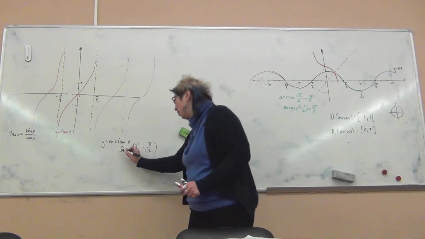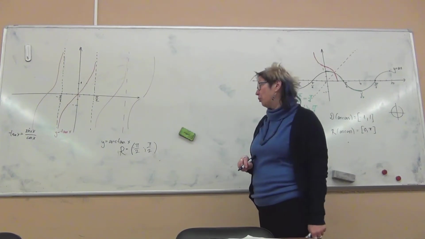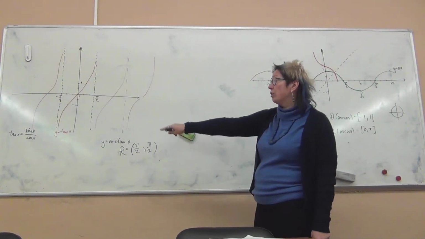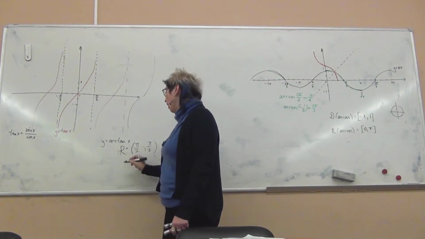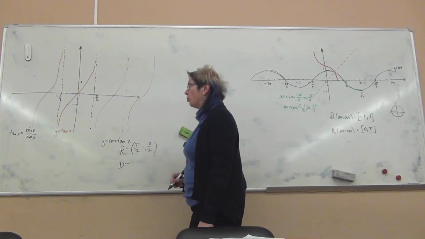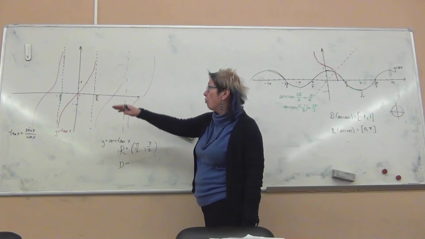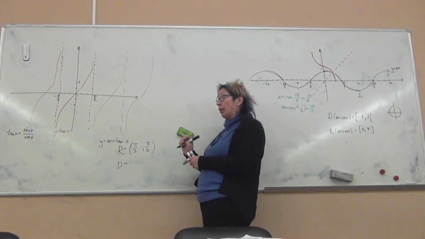Sorry, this is the range. I'm confusing myself today. So the range of the arc tangent is our limited domain of the tangent function. And the domain of the arc tangent is what? The range of the tangent function is the domain of the arc tangent function.